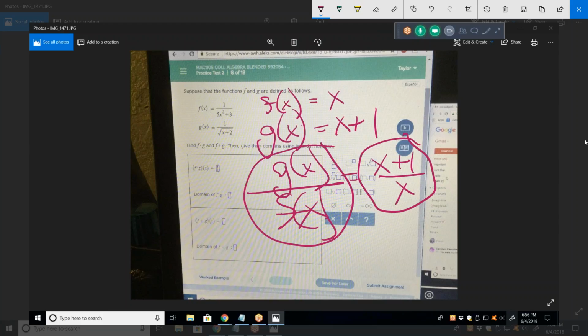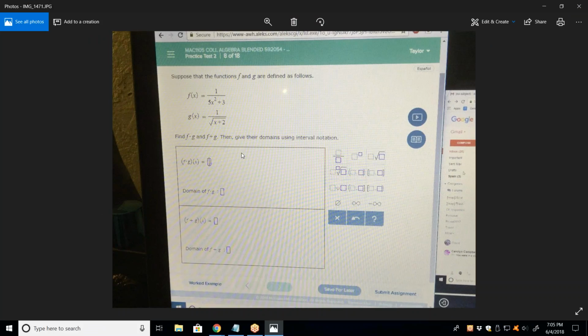Gotcha. Okay. So these questions they're asking you here, they're not even asking about the original functions. They're only asking about that function and that function. I don't know what you call these. I don't think these are called composite functions.